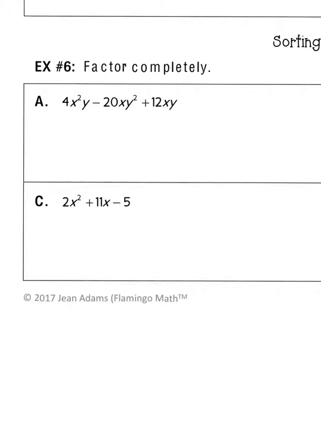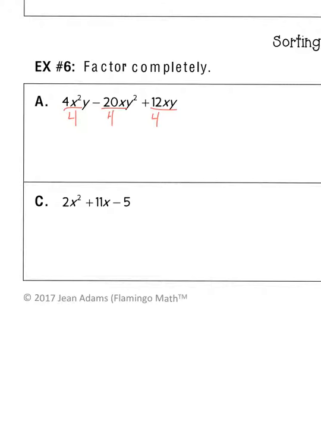Okay, so the first question you should always ask yourself is, is there a GCF? No matter what. So 4, 20, and 12 all can be divided by 4. So I'm going to start there. Then we have an x squared, an x, and an x.